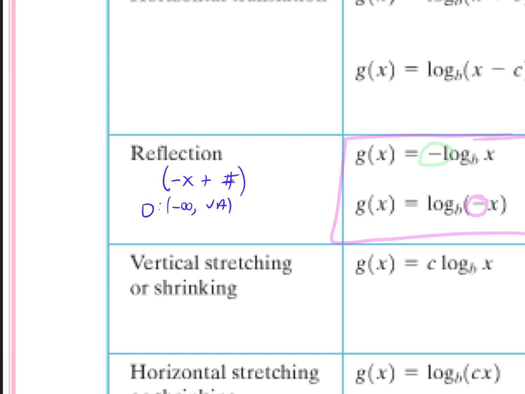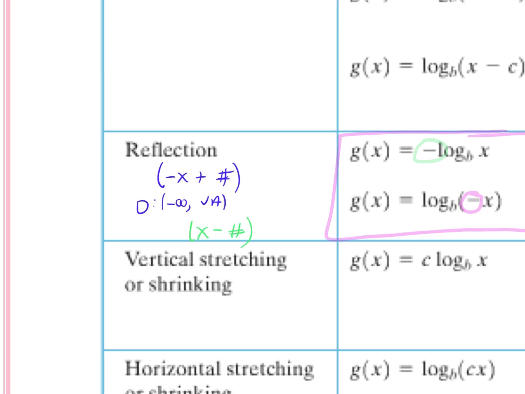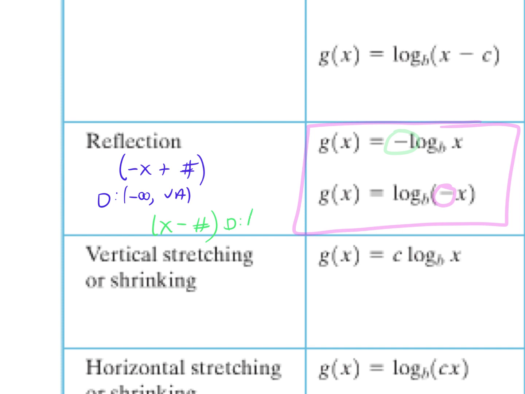If you have a positive x minus or plus a number, your domain is going to be from the vertical asymptote to infinity. Remember when we had a parabola, if there was a negative out in front, you knew it was from negative infinity to the vertical? And then if it was positive, it would be from vertical up. Same exact thing, but we're not looking for a negative out in front. We're looking for a negative inside the parenthesis. It's going to be really important for you guys to see.